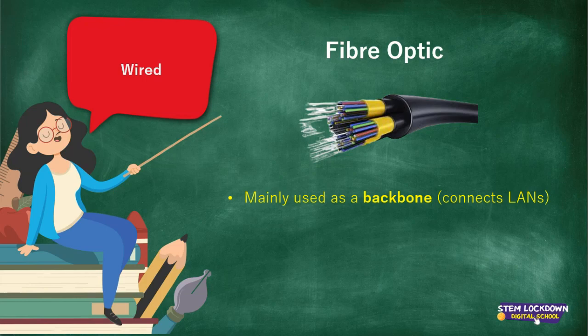So when we say it is used as a backbone, you have a local area network. Let's say it's your computer lab at school, right? Maybe in that computer lab, we've got 40 computers. Those 40 computers can be connected using UTP cables because they are fewer.